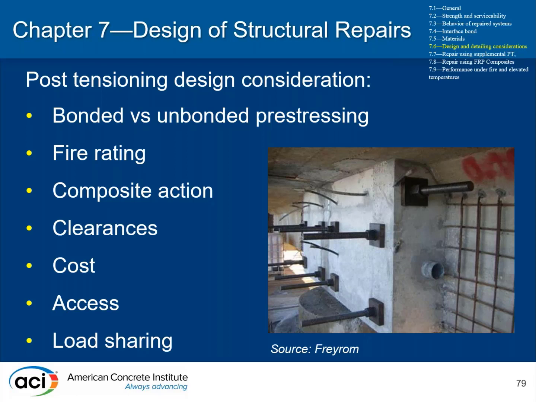Obviously, with unbonded pre-stressing, if there's localized deterioration, it can impact additional portions of the structure, and so evaluating how that load sharing occurs with adjacent members, or even into multiple spans with regards to necessary shoring, et cetera, comes into play.